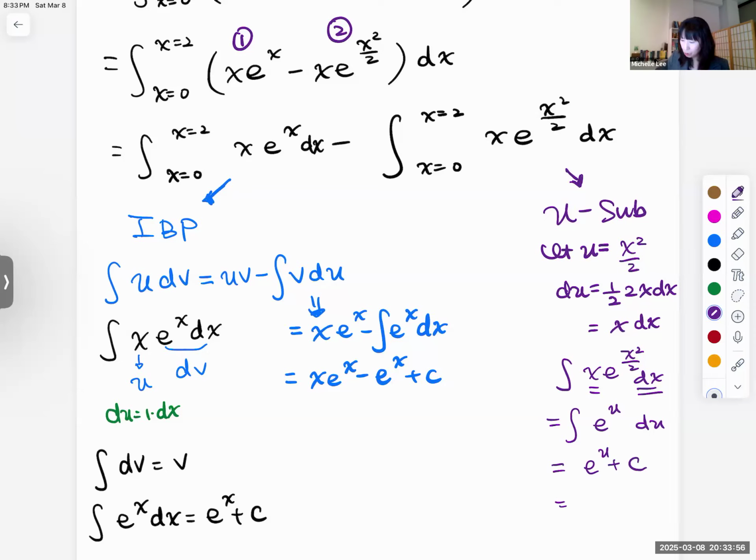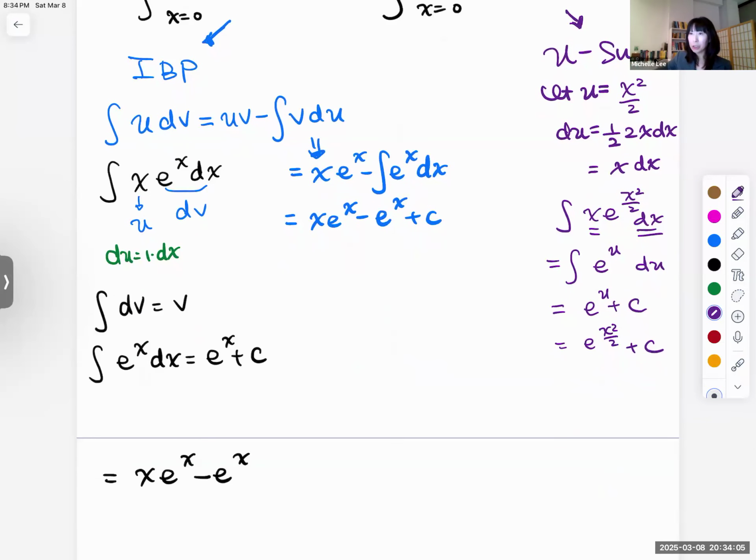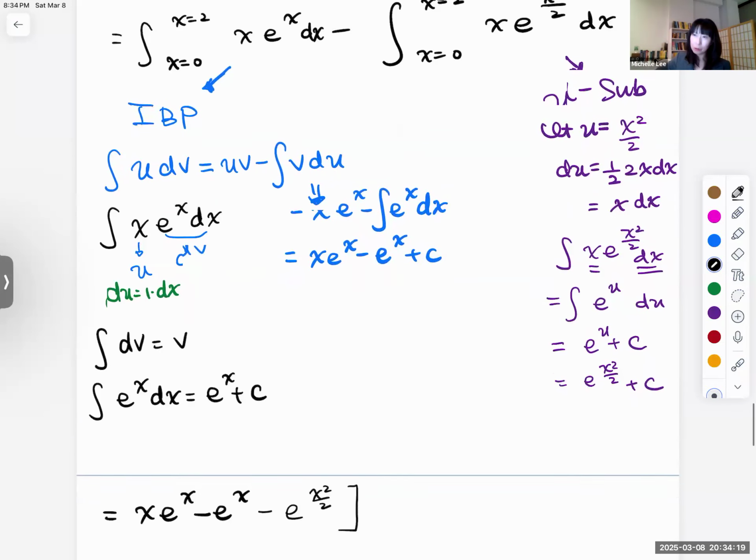What was the u? u was x squared over 2. So there will be the second term: minus e to the x squared over 2. And then we need to evaluate from x equal to 0 to 2.